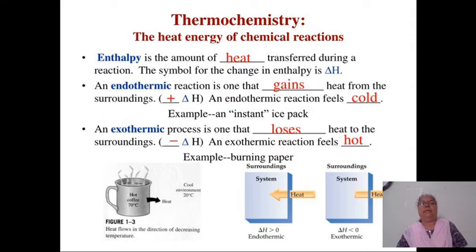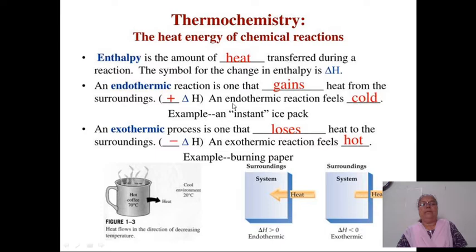The change in enthalpy is denoted by delta H. In case of an endothermic reaction, the heat is gained or absorbed, and it is given by the positive sign for delta H.